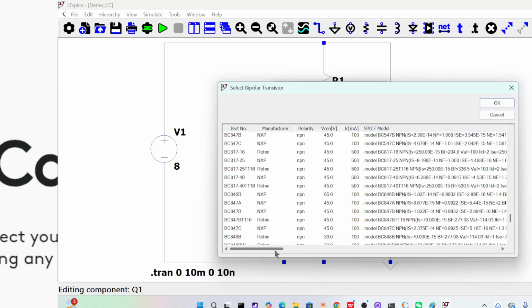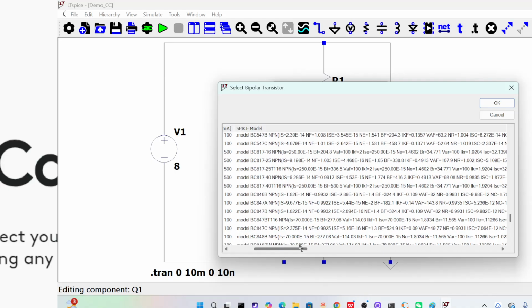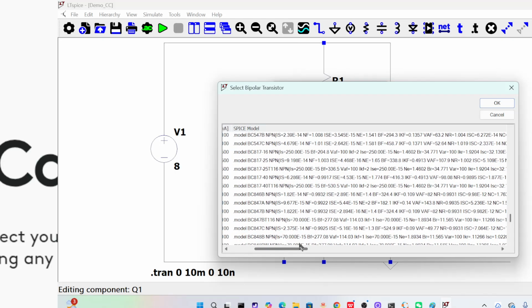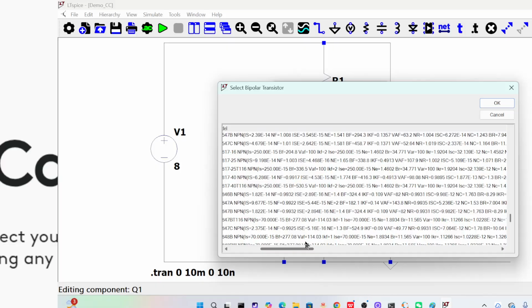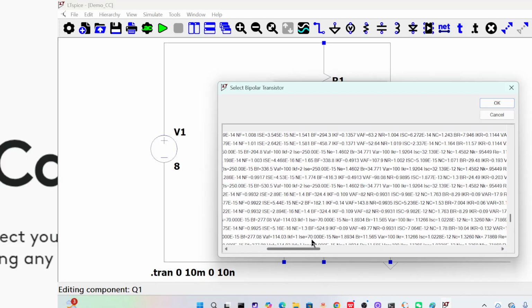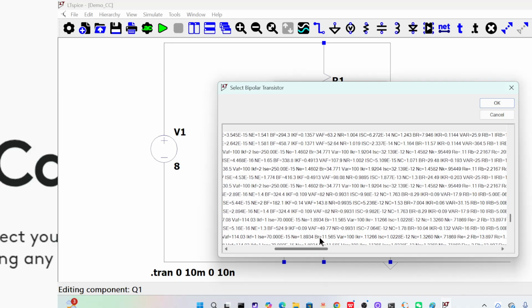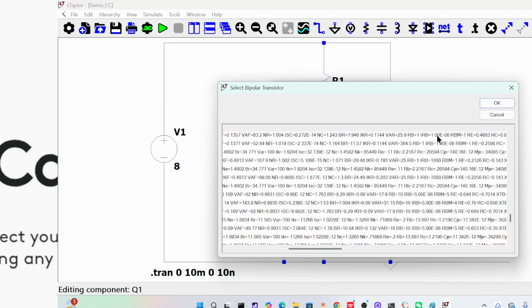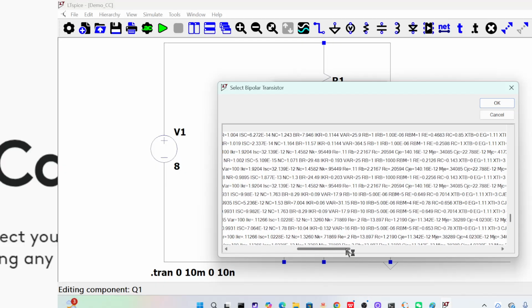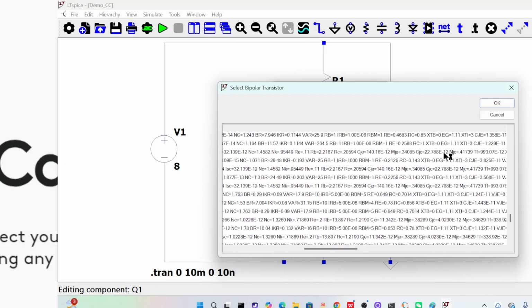Let's check whether there's any. Normally you need to look for the transistor with the lowest possible CJC. Let's check it. So CJE is 140 micro, very big. But let's check CJC first. CJC is 12 pico, not very impressive, but it might work.